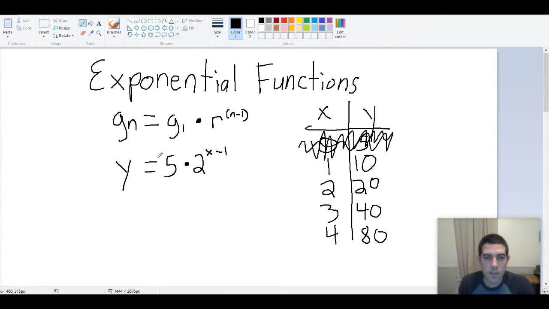Well, if we got rid of 5, I guess I should change this to 10 over here, right? So if this was 10, we would actually have to subtract 1 because our first term is 10 and x is 1 is 10. So a little bit tricky there whether or not we need to have that minus 1 or not. But basically if we start at 0, we can just raise our common ratio to the xth power.